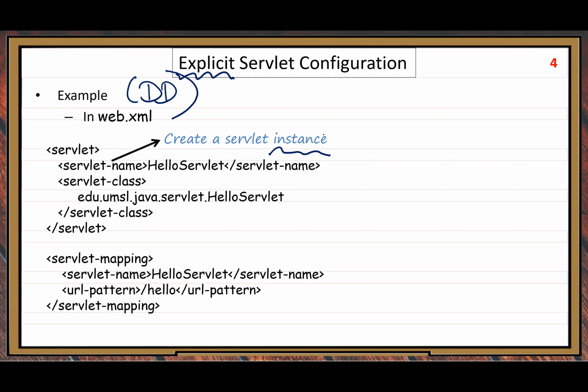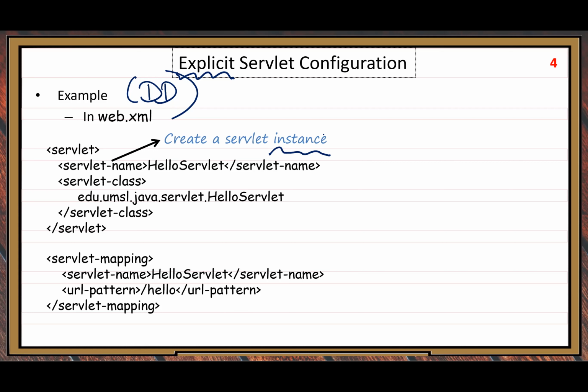Then url-pattern. We specify our URL pattern for this servlet: slash lowercase hello. That's the one I put in our hello servlet.